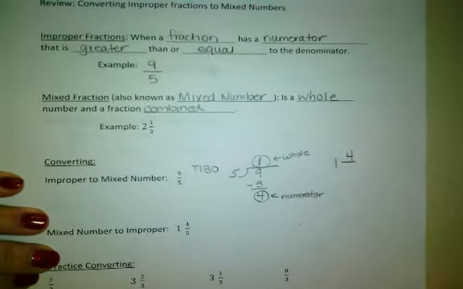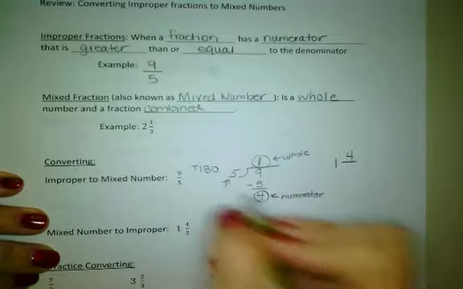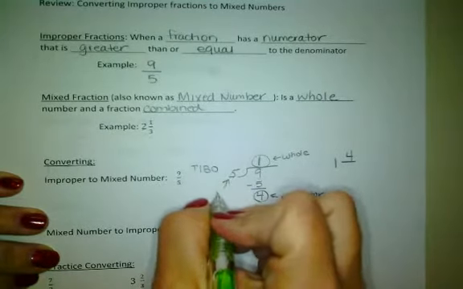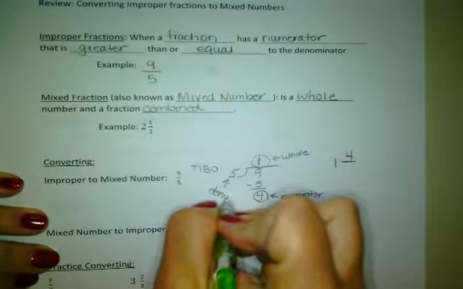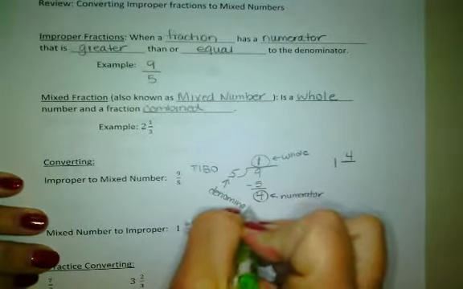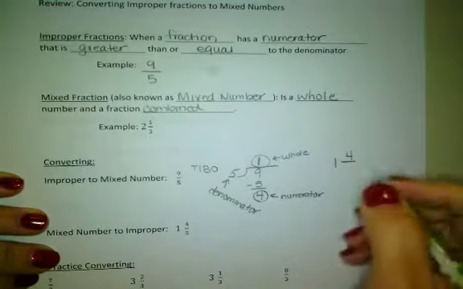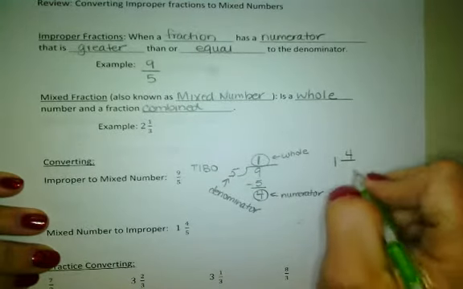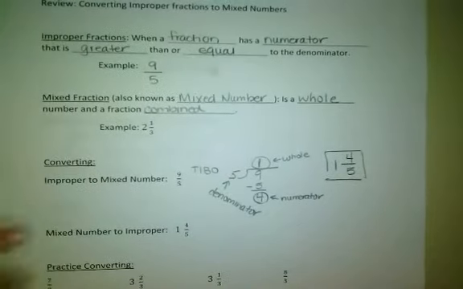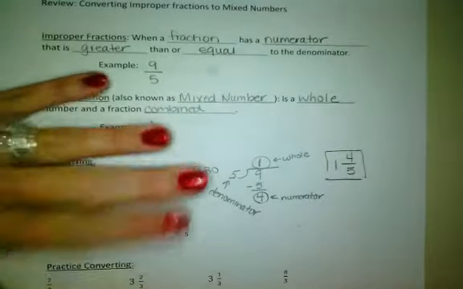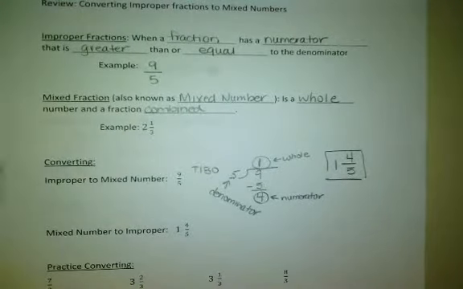So that is our numerator, and our denominator is our divisor. Okay, or dividend, I'm sorry. So that is 5. So there you go. There is your mixed number. So that's how you convert it from an improper fraction to a mixed number. Just in case you didn't know, I would highly recommend that you label everything like I did.